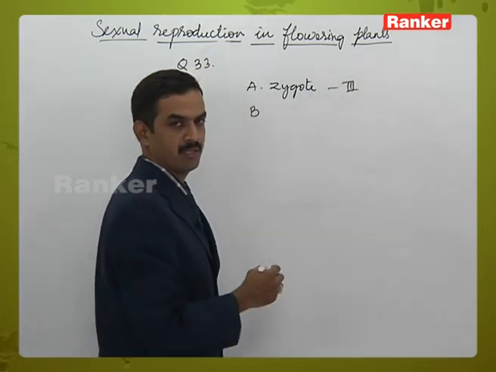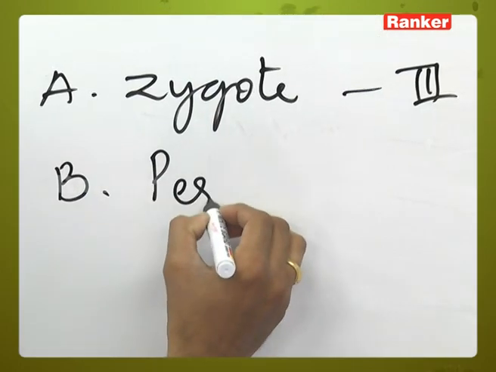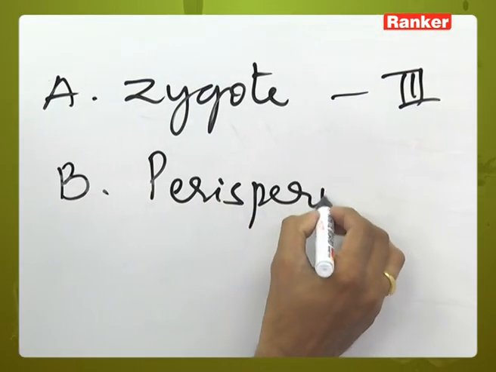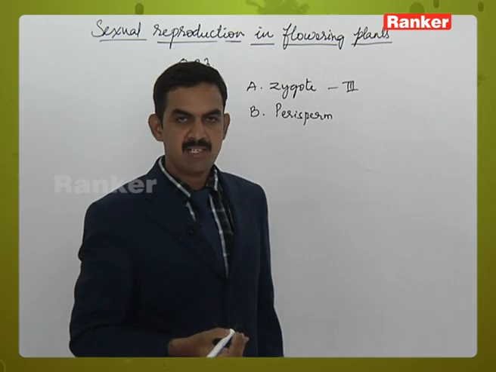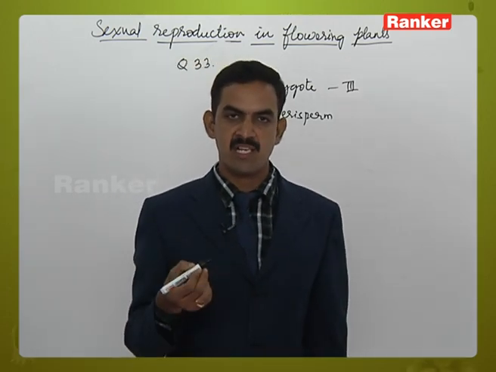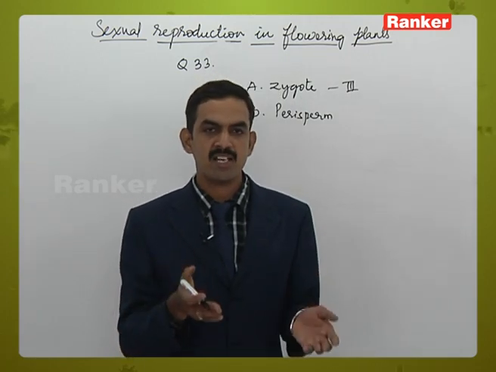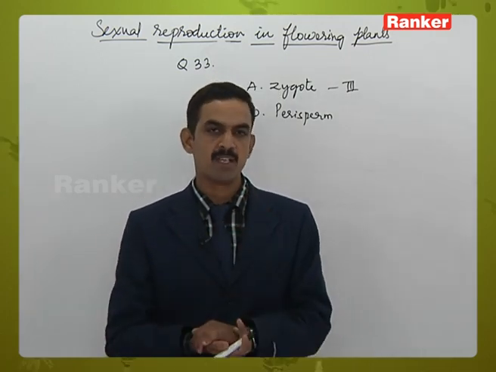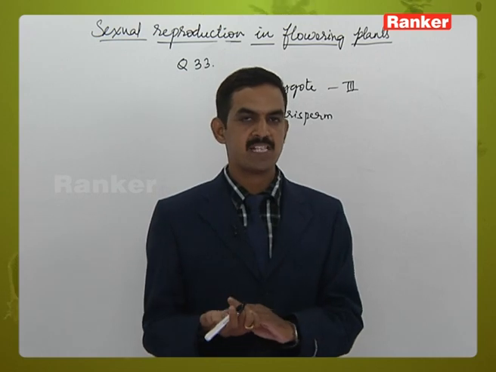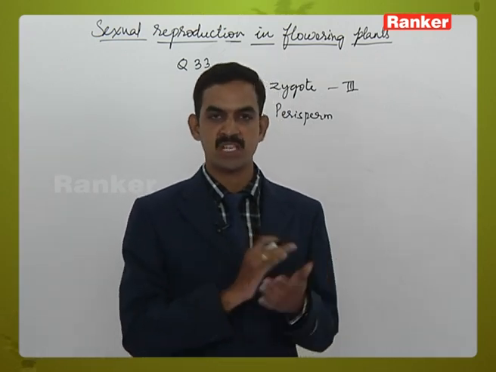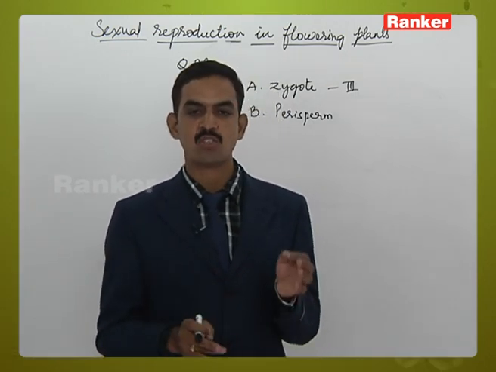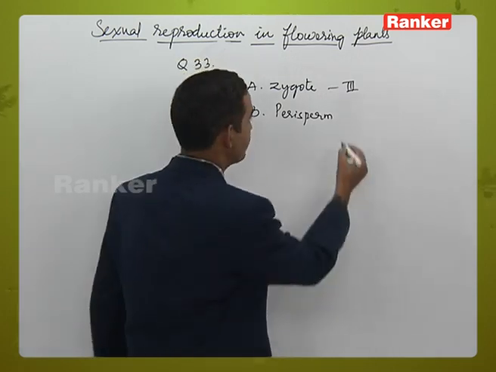And B is perisperm. Perisperm is nothing but the remnant of the nucellus; after the fertilization process, the nucellus acts as perisperm. So the ploidy of this perisperm is 2n, like that of the nucellus. So we can say it's a remnant of the nucellus, that is 4.